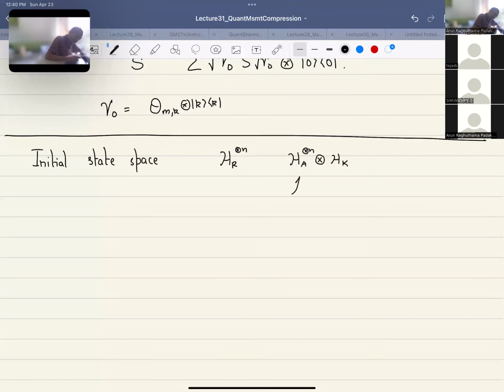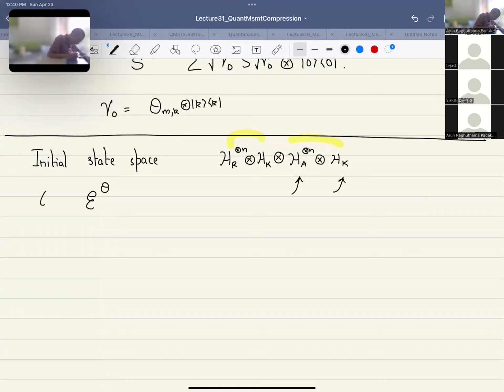Obviously, when you have a particle space and a public coin space, your reference space also should contain a copy of that public coin space. So that is why this is my initial state space. Remember, whatever state my particle is in, I should copy that in the reference space. Now my particle really contains this whole thing, so I'll have to copy both. That's my reference object.